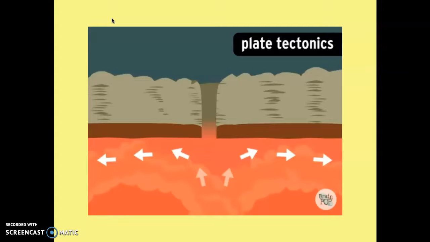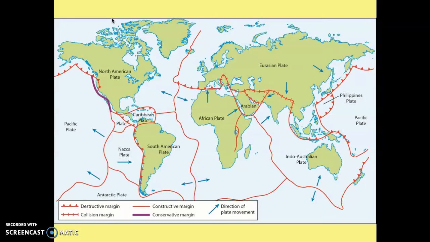The oceans have expanded, land masses have smashed into each other where they meet at plate margins, forming mountains, volcanoes, and causing earthquakes. And this shows where all of the Earth's tectonic plates are, and the red lines are showing the plate margins, so that's where the plates meet. The blue arrows show the direction the plates are moving. So the plates move in relation to each other due to the convection currents in the mantle.